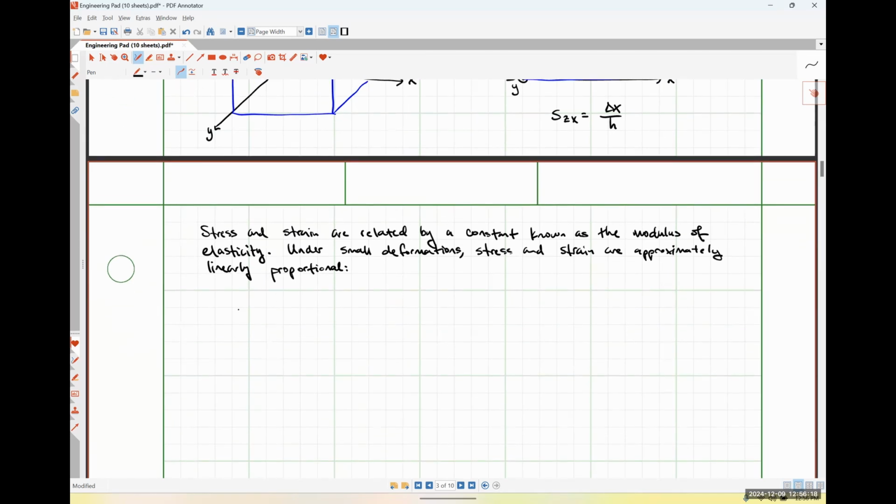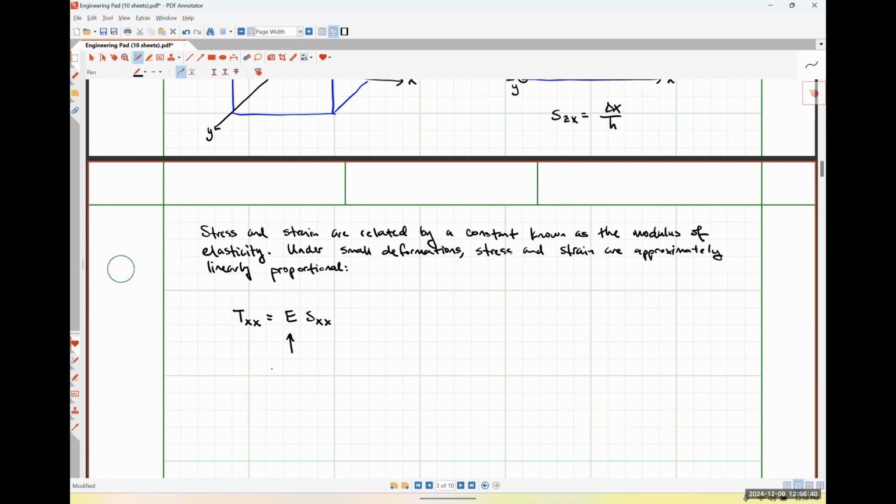So for a longitudinal stress, we would have T_xx is equal to E, where E is Young's modulus of elasticity, multiplied by S_xx.